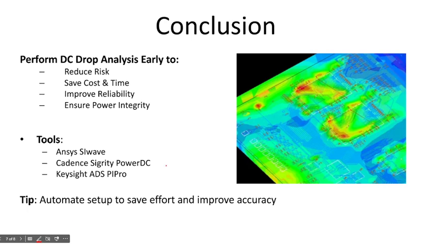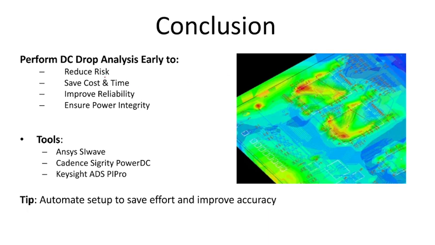So to conclude, whenever we have designs which are very high performance and compute intensive, it's very important to do this DC drop analysis in the early development stage. This approach will help your team, and not only your team but also your company, to save a lot of cost in board respins, and it will improve the design quality and make your product launch on time to the market.